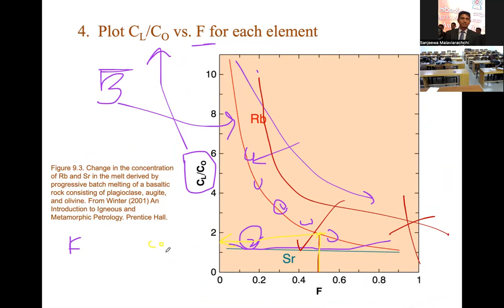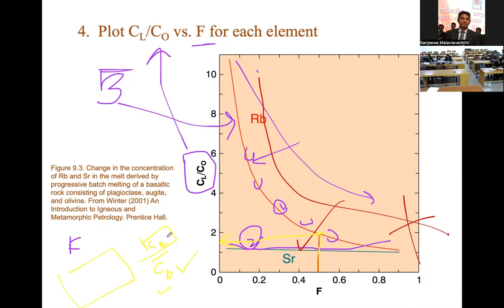So in case you know the original source composition, for example, if you know this is O, this is L, right? If you know the source composition, then you can substitute that, and you can find out your unknown composition.